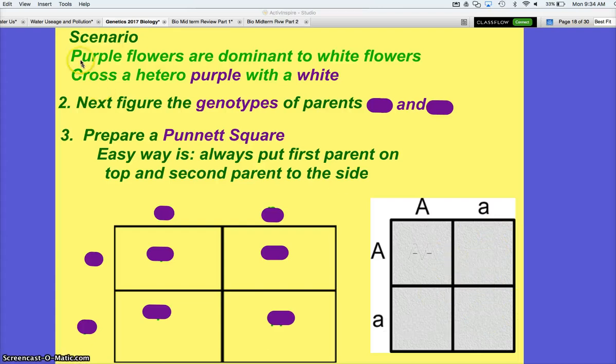Now, I always have to give you a scenario, and I always follow this pattern. I always put the first parent on the top and the second parent on the side. It just makes it easy for me to always remember I have to put one parent up here and one parent down here, okay? So purple flowers are dominant to white. We're going to cross a hetero purple and a white.